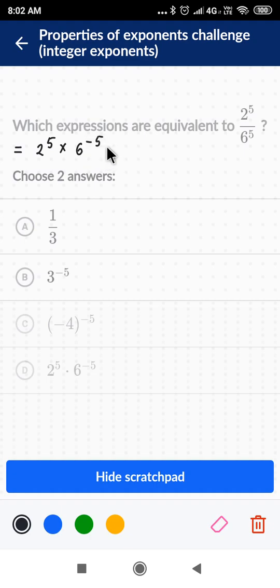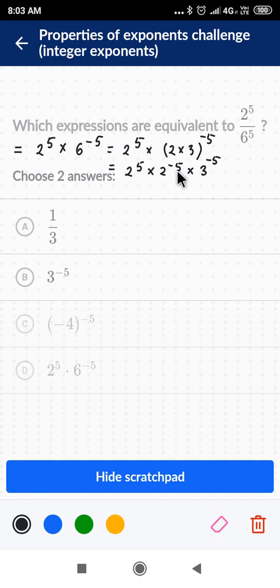We also write 2 to the power 5 into 2 into 3 to the power minus 5, that is equal to 2 to the power 5 into 2 to the power minus 5 into 3 to the power minus 5. 2 to the power 5 into 2 to the power minus 5 is 2 to the power 0, that is 1. So there is no need to write that multiplying by 1. So ultimately this is 3 to the power minus 5.